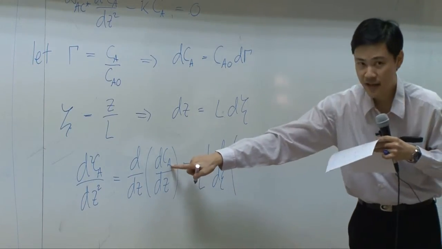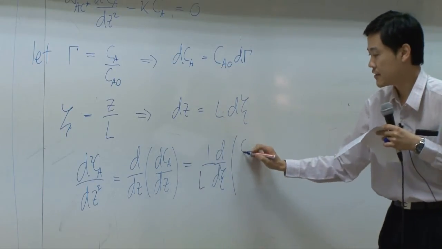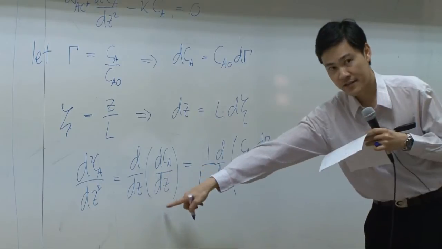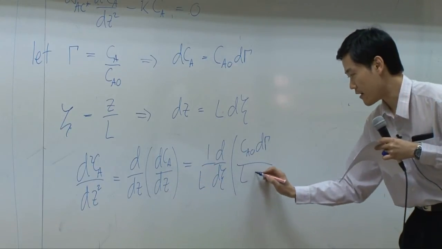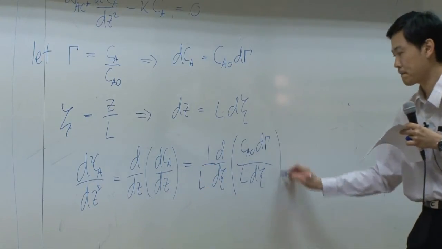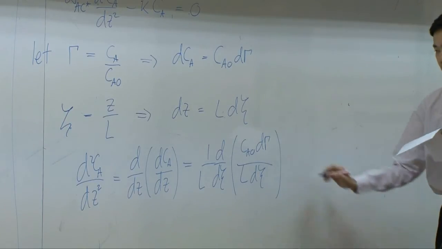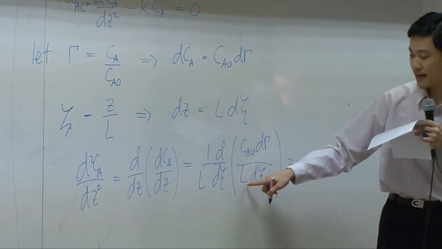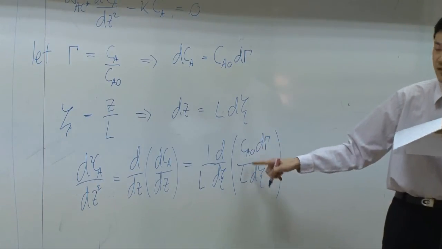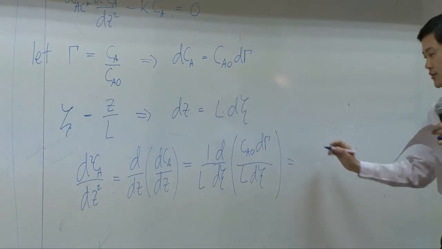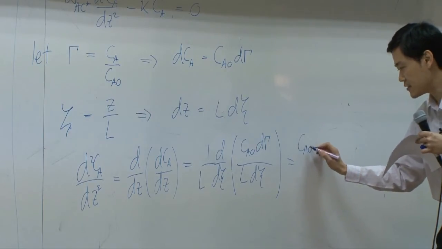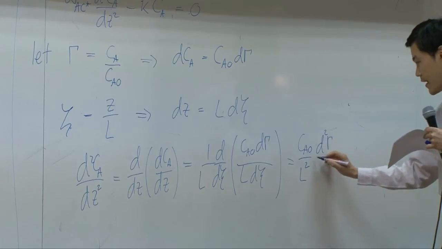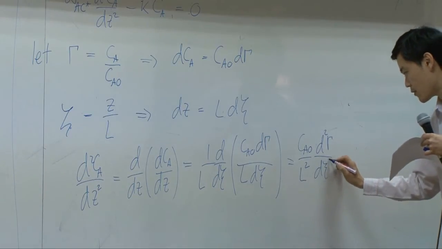Inside you have dCa, which is Ca0 d gamma over dz, where dz is L d psi. So you combine them, take Ca0 and L, which both are constant, out from the differentiation. You have Ca0 over L squared, d square gamma over d psi squared.